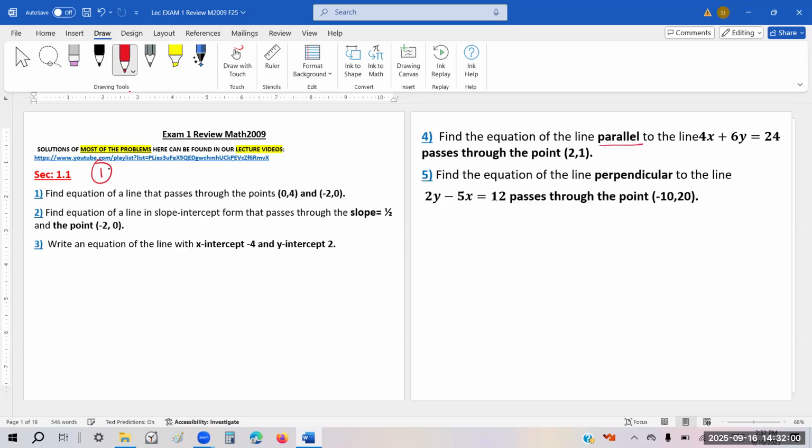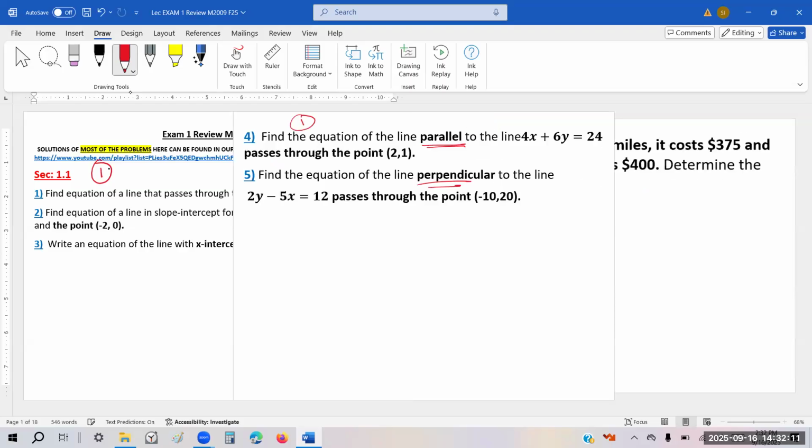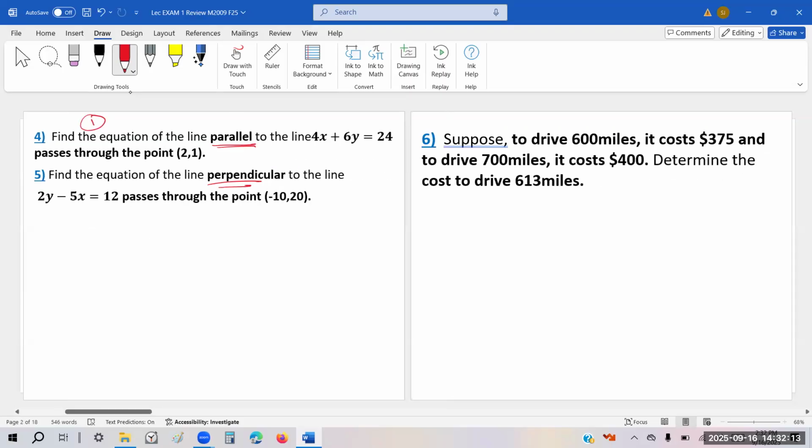For parallel line and perpendicular line, I'll ask one, either parallel or perpendicular, one of them. This is the application of linear equation. So if I have space, I'm going to give you this. Not the same question, but a similar question. If I have space, okay? Not guaranteed.